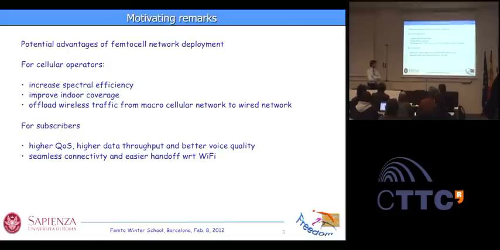The other point is that femtocells are fully compliant with the standard, and you can allow for seamless connectivity of the users, so that users will not realize whether they are connected to a base station or to the home base station. The handoff in particular will be much easier with femtocells rather than with Wi-Fi. So these are some of the advantages of these systems.